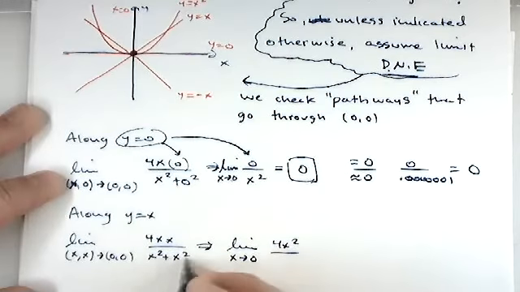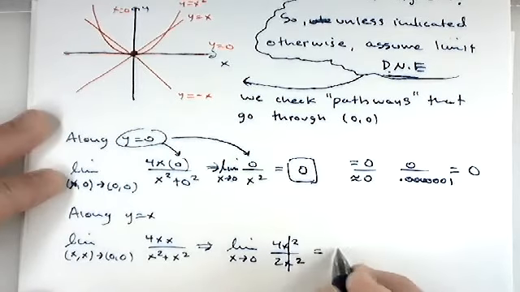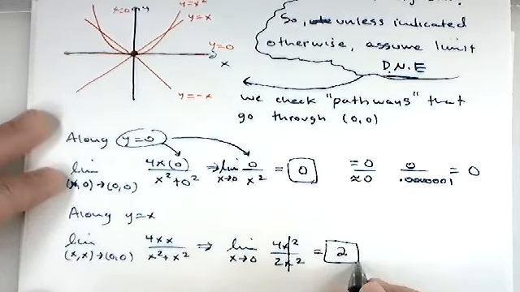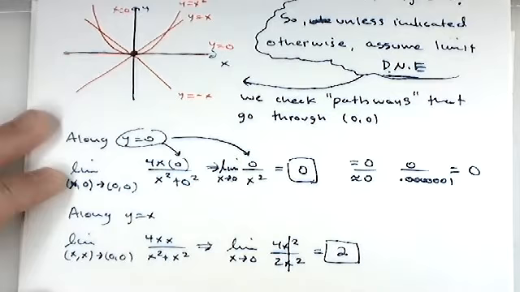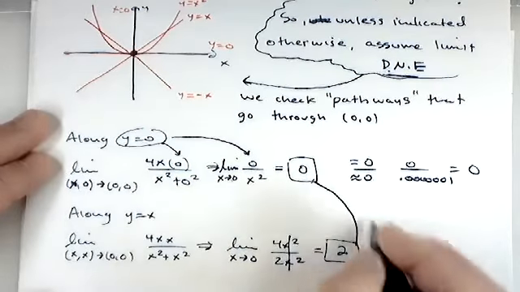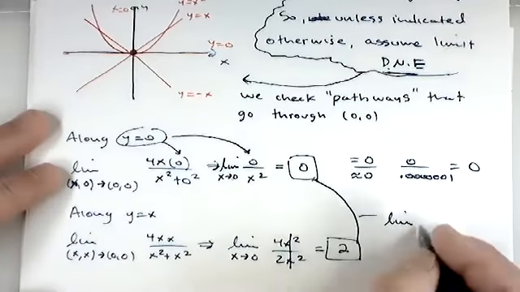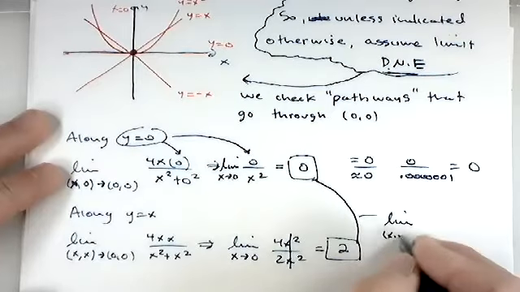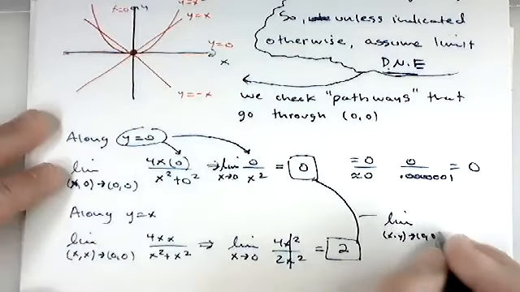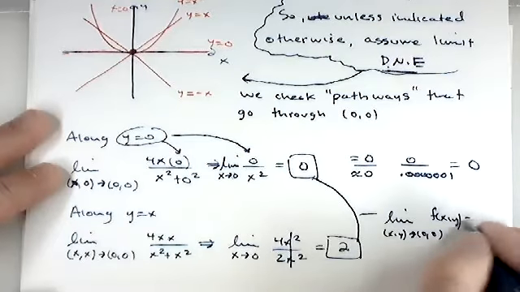The bottom is x squared plus x squared, which is 2x squared. Those end up canceling, and I get an answer of 2. And that's what I was going for. Based on these two limits being different, I can now say that my overall limit, I guess I should be thorough, how about I just put f of x, y for that instead? Does not exist.